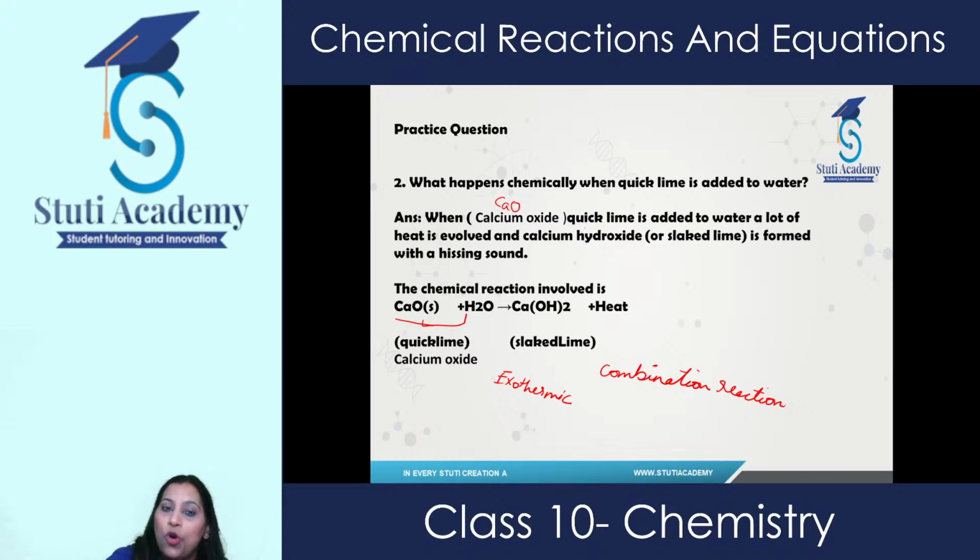Okay, so I hope this question is clear. It's a very important question. Generally it comes in 2 marks, or it comes in 1 mark when it is asked in the exam like this: why is this reaction known as an exothermic reaction, or why do we call it a combination reaction. So these are 1 mark questions.